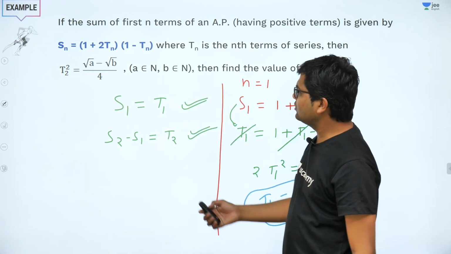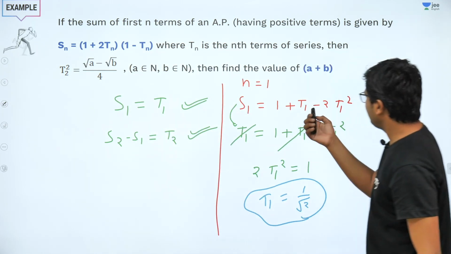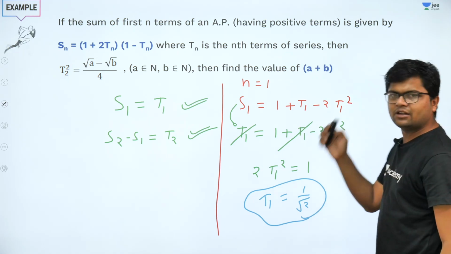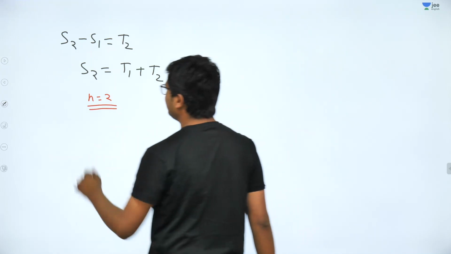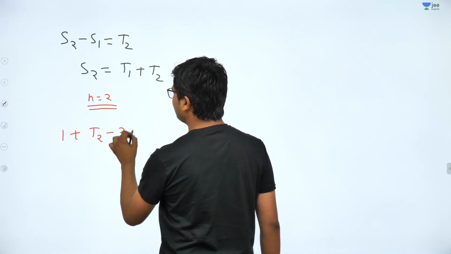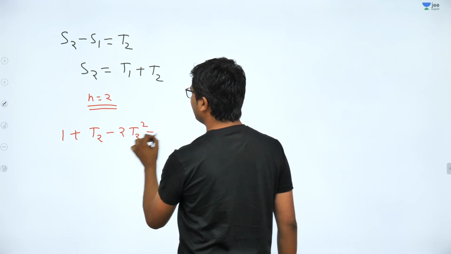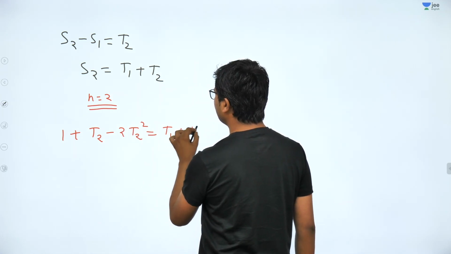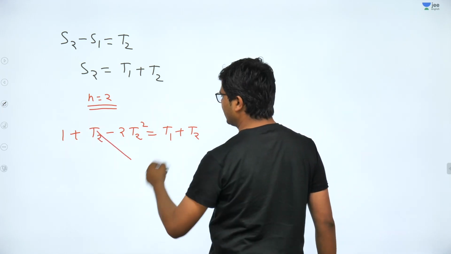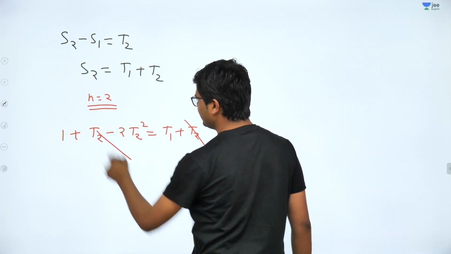So S2 will be 1 plus T2 minus 2T2 square, because the expression will be the same. In place of T1, it will come T2. So 1 plus T2 minus 2T2 square is equal to T1 plus T2. Yes or no? Getting my point? So T2 cancels out each other.